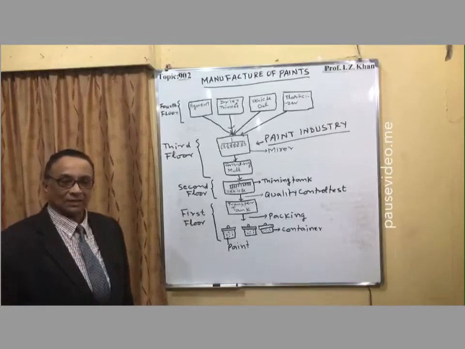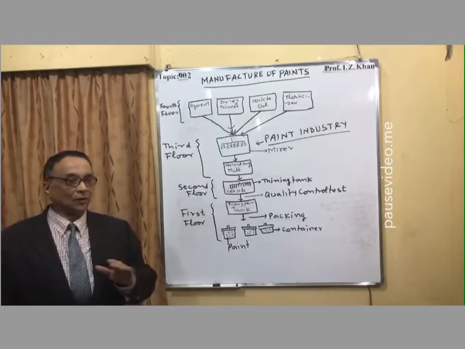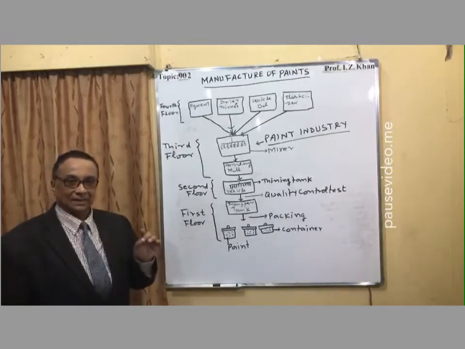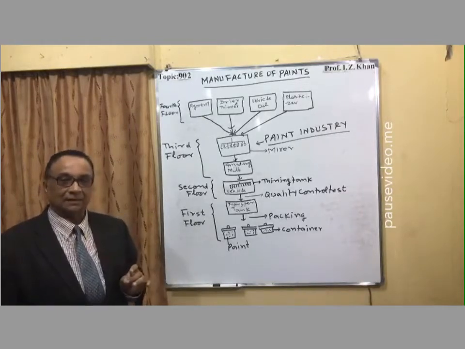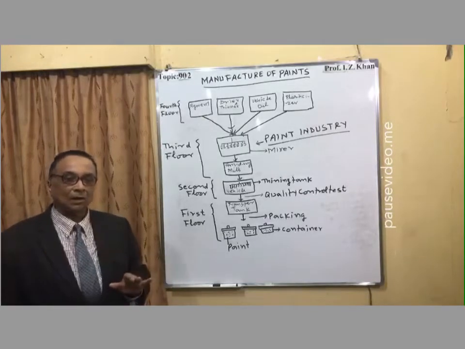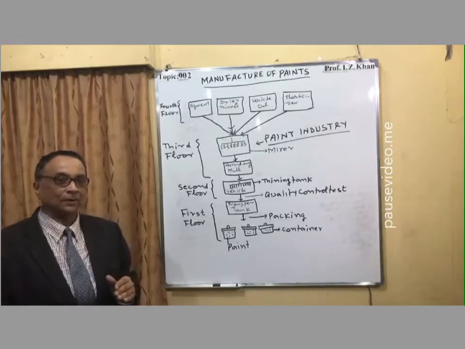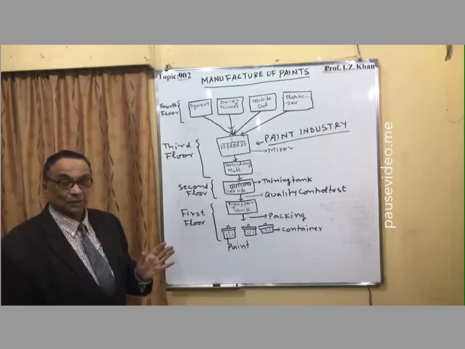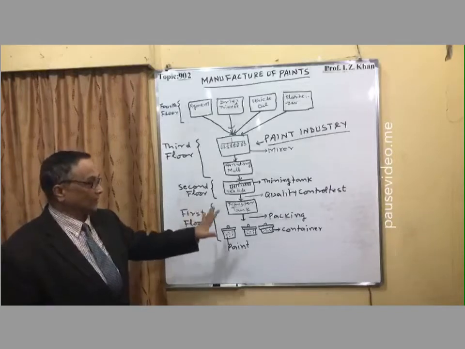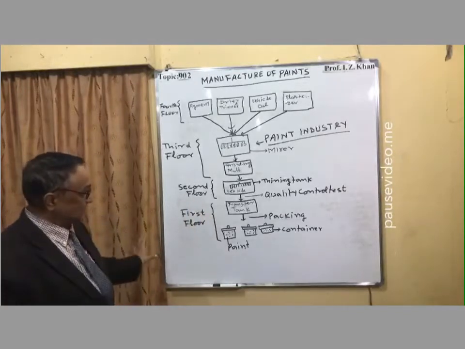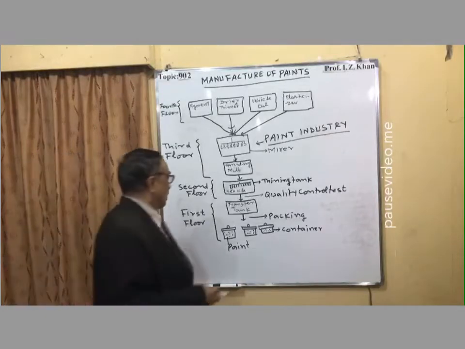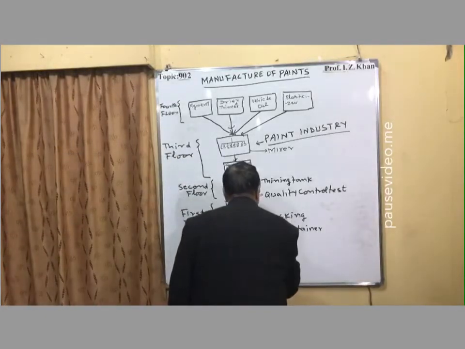They will check whether it is uniformly mixed, what we are expecting, the color, the same color is there, all the ingredients are proper, there is no precipitation or anything, it's all dispersed properly. So all these factors will be checked, and then there is an automatic machine on that first floor, which we can also call the ground floor.